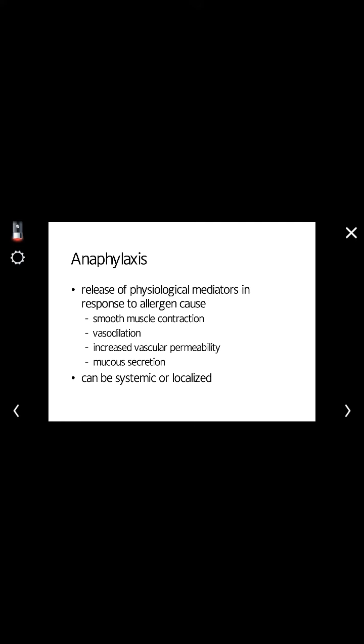So anaphylaxis means the release of physiological mediators in response to allergen cause. Smooth muscle contraction, you end up with vasodilation, increased vascular permeability, mucus secretion, and can be systemic or localized.